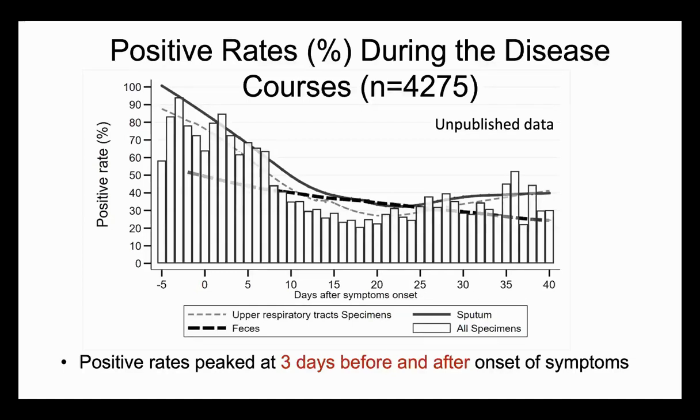And both upper respiratory tract specimens and sputum had a similar pattern of positive rate trend as overall specimens across the disease course. But the positive rates of sputum were always higher than the upper respiratory tract specimens, as shown in this figure.